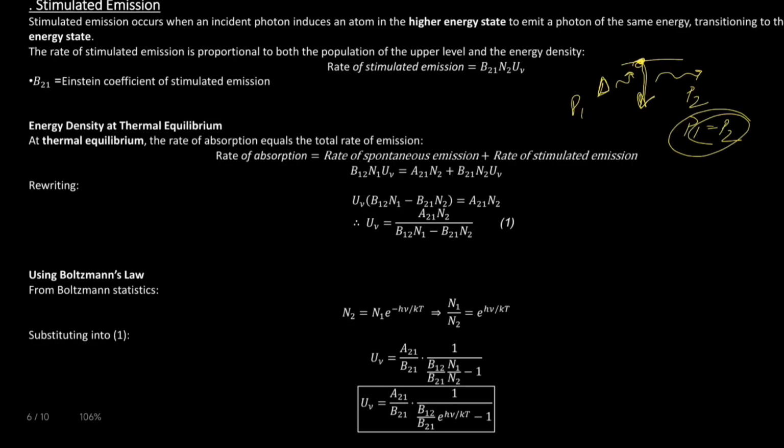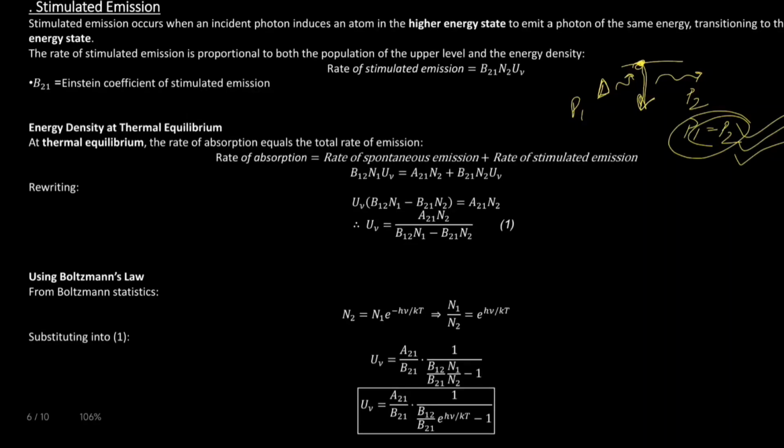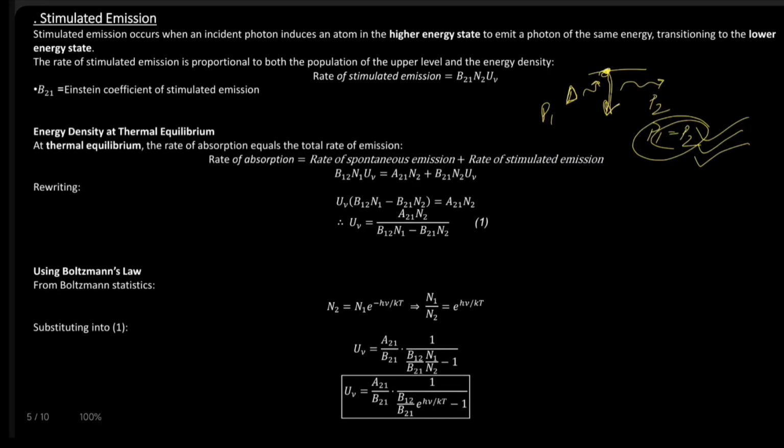These two photons have the same energy, same direction and same timing. That is nothing but stimulated emission. Here we write it as B21 N2 UV. This is the formula for stimulated emission, where B21 is the Einstein coefficient for stimulated emission. Now, this is equation number 3.